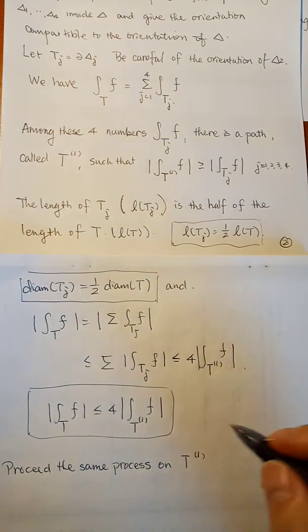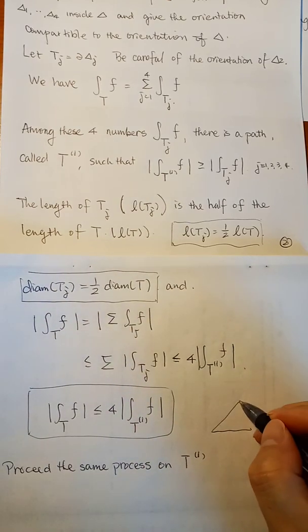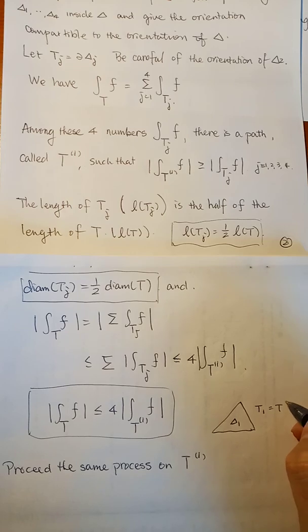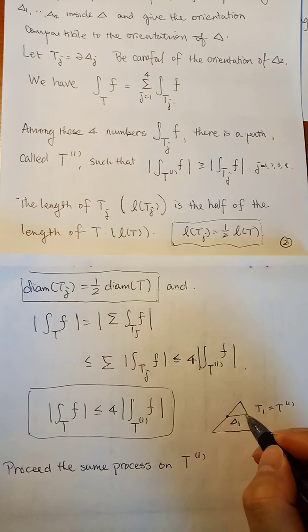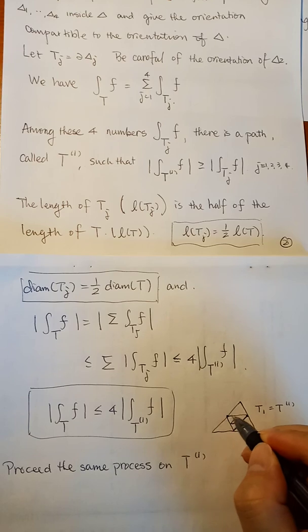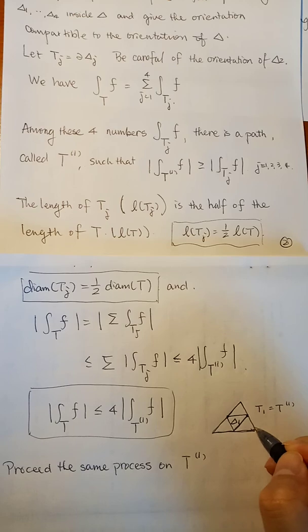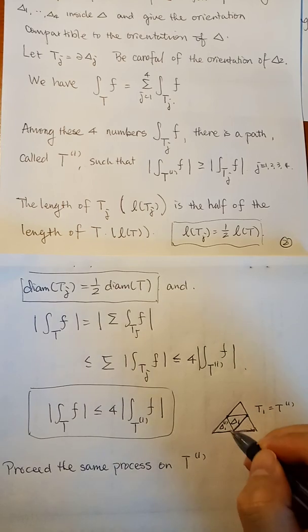Without loss of generality, let's assume the T super 1 is this, the left corner, delta 1. And what is the same process? You find the midpoint of 3 sides, you divide the region into 4 sub triangles, and here you will have delta 1 1, delta 1 2, delta 1 3, delta 1 4.